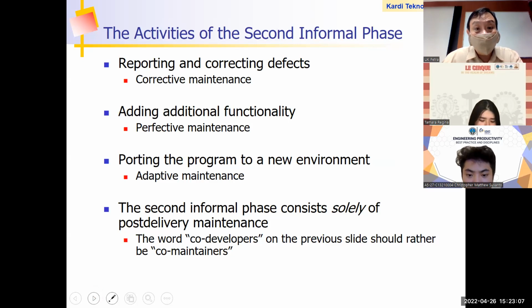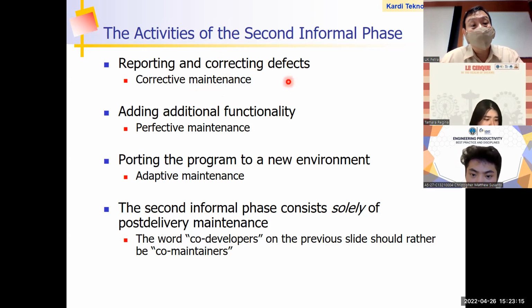The second informal phase is actually reporting and correcting defects. This is basically the same as corrective maintenance. The user is the one who reports the bug. And then the user says, okay, I will contribute this part of the function, so they are the ones who add some functionality.